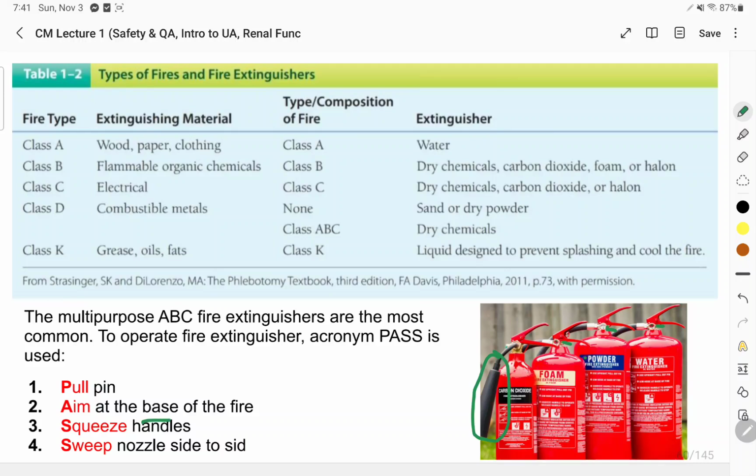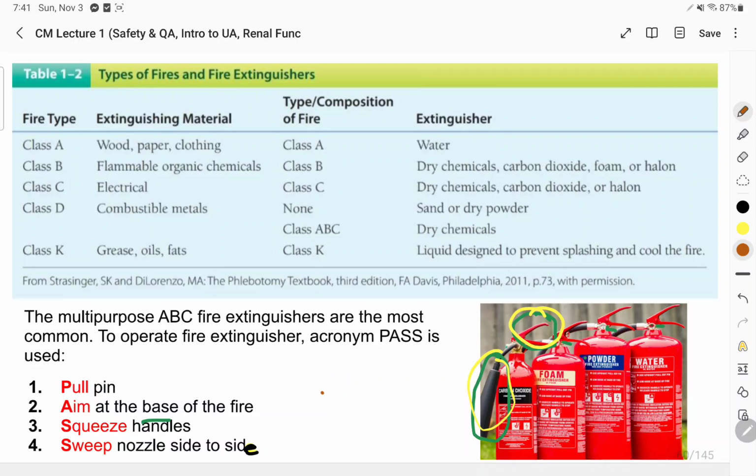Okay, base dito sa ubos gyud. And then squeeze nimo ang handle. Squeeze na nimo siya. And then you sweep the nozzle side to side. Side to side. Okay? So imo na i-sweep.